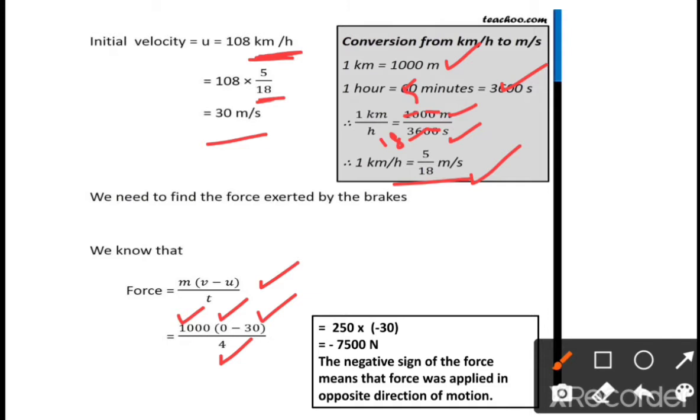So 1000 into (0 minus 30) by 4. 0 minus 30 is minus 30. 1 4s are 4, 25 4s are 100, so 250. 250 into 30 gives 7500. So it is minus 7500 Newton, because the unit of force is Newton. The negative sign of the force means that the force was applied in the opposite direction. So the brake is always applied in the opposite direction of the motion. This negative sign indicates that the force is applied in the opposite direction of motion.